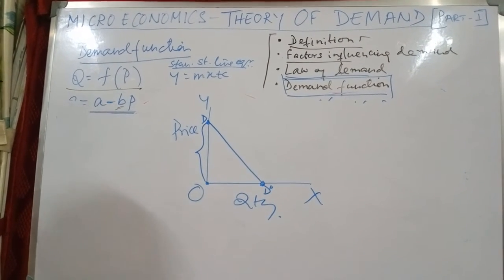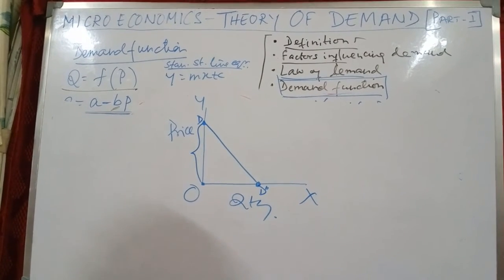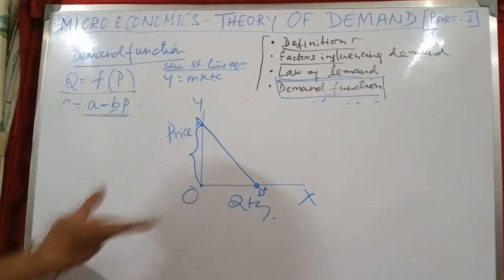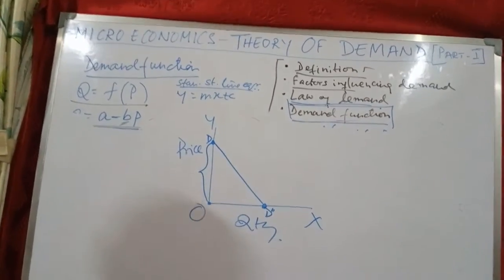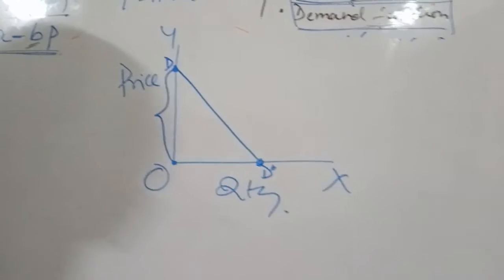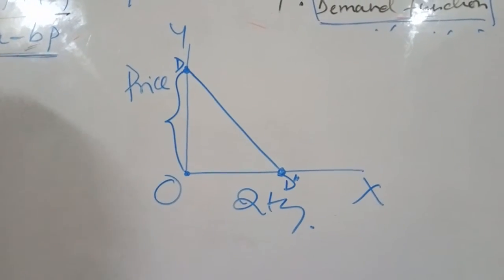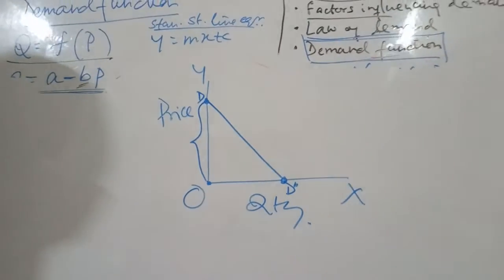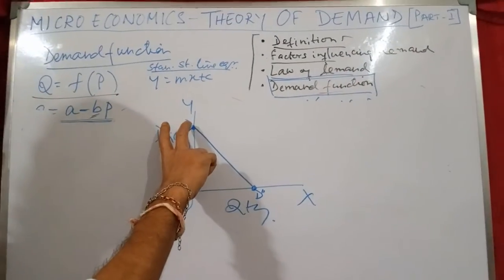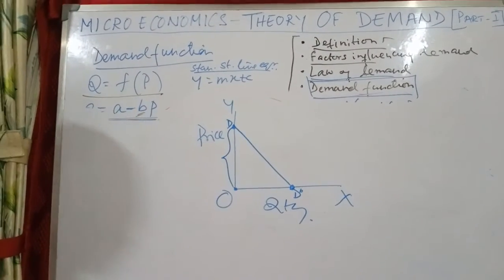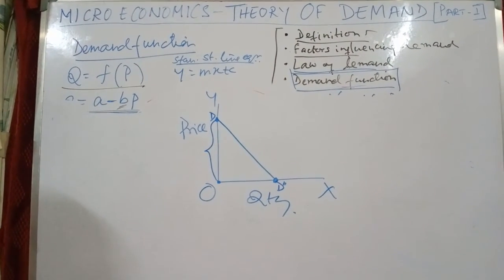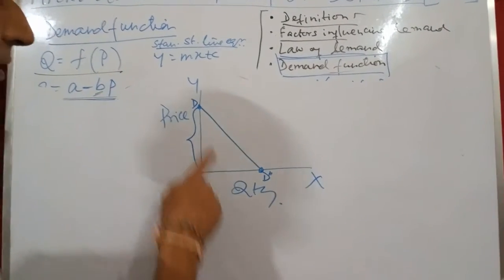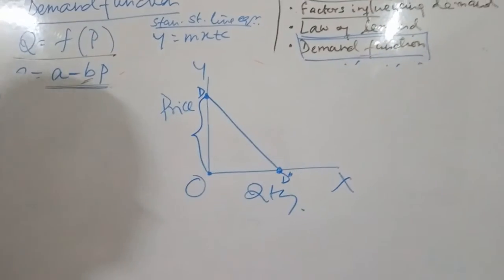No producer or seller can be so foolish that he will keep the price so high that nobody will purchase. So this is basically nonsense. Basically the line should not touch the y-axis because that means at this price there is no consumer in the market. This cannot happen. So theoretically the line should not intersect the y-axis.